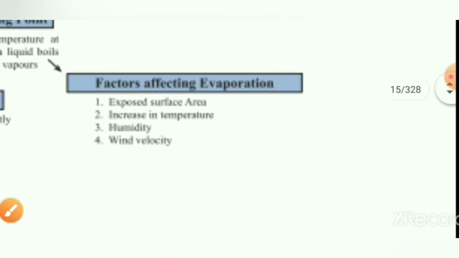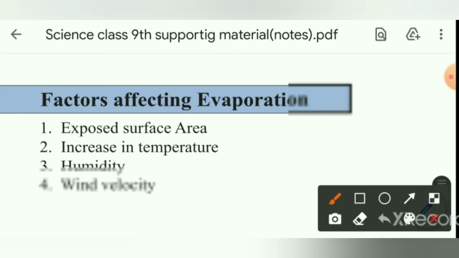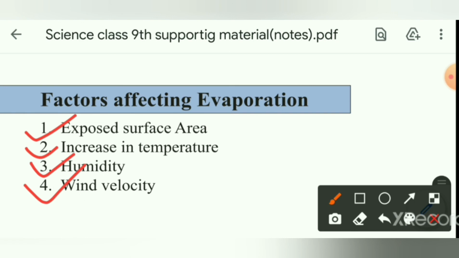Then factors affecting evaporation. What are the factors that affect evaporation? First, exposed surface area, then increase in temperature, third, humidity and wind velocity. These are the factors that affect evaporation. If surface area increases, evaporation also increases. If temperature increases, evaporation also increases.